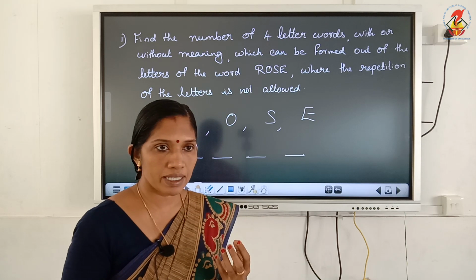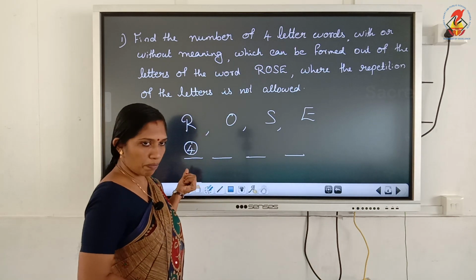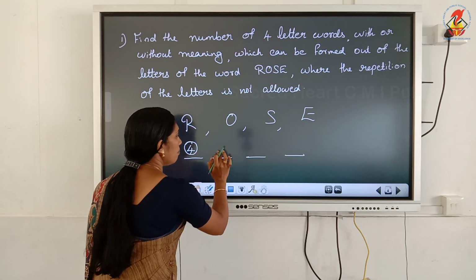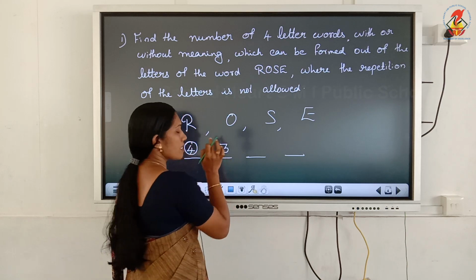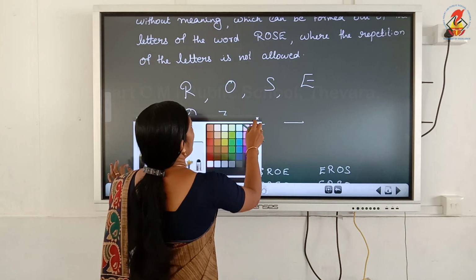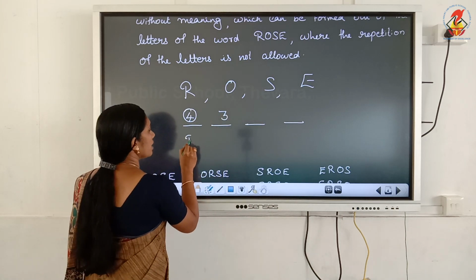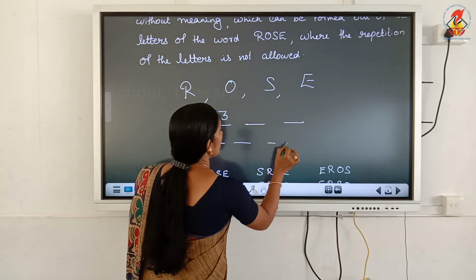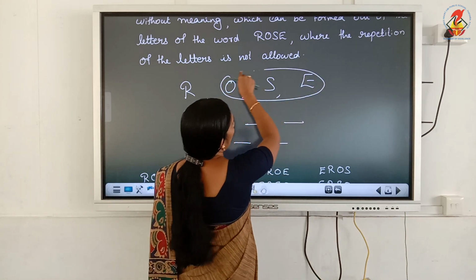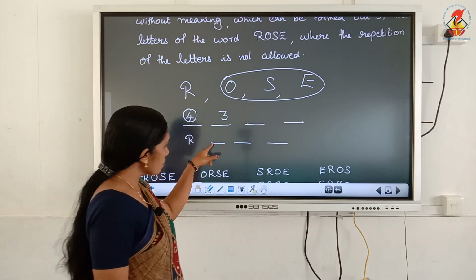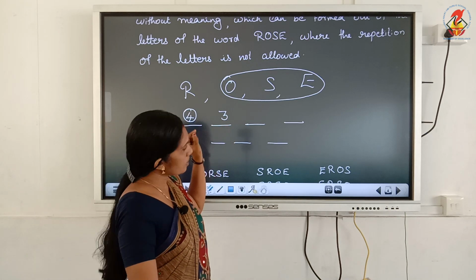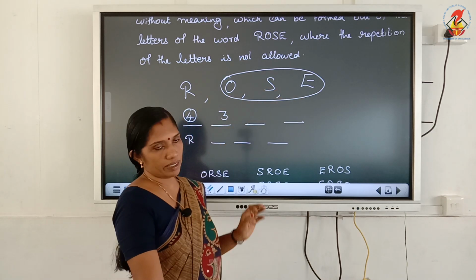Now only 3 letters, since 1 letter is already in the first place. Suppose in the first place I wrote R. Now in the next place we have only 3 letters, O, S, E. So this place we can fill in 3 different ways, using any of the remaining 3 letters.